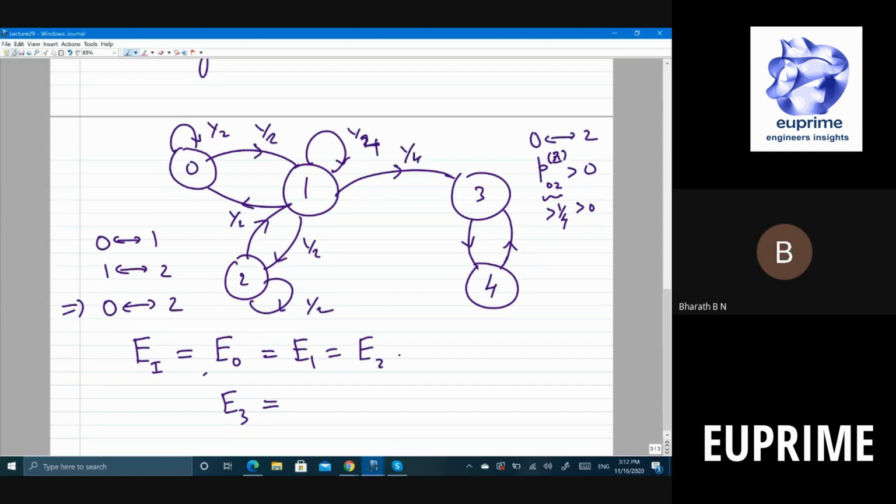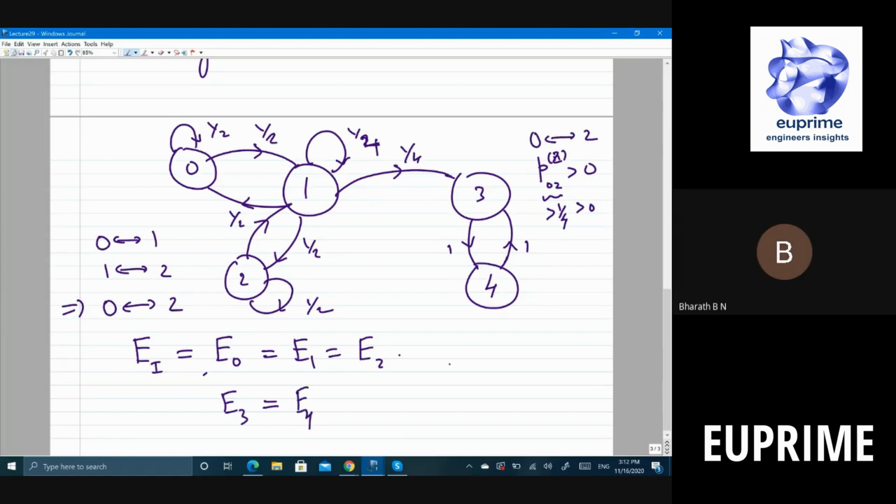So starting at 1, you can go either to 2 or to 0 or to 3, right? But from 3 you cannot come back to 1. Do you agree? If you are in 3, you are gone. There's no way to go back and forth. So that means E3 is nothing but 3 and 4. 3 can talk to 4 and 4 can talk to 3. Therefore, it's the same as E4.